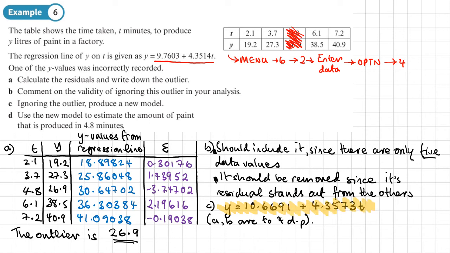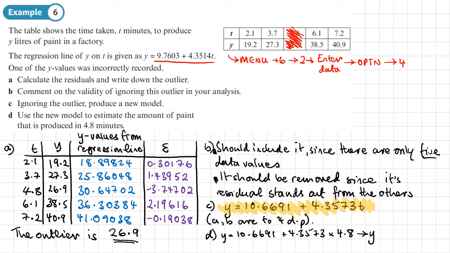And part D says, use the new model to estimate the amount of paint that is produced in 4.8 minutes. So this is pretty straightforward. This is just substituting the time of 4.8 into this equation here. So it's going to be Y equals 10.6691 plus 4.3573 times by 4.8.